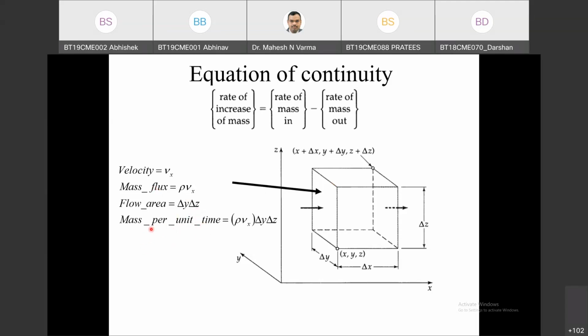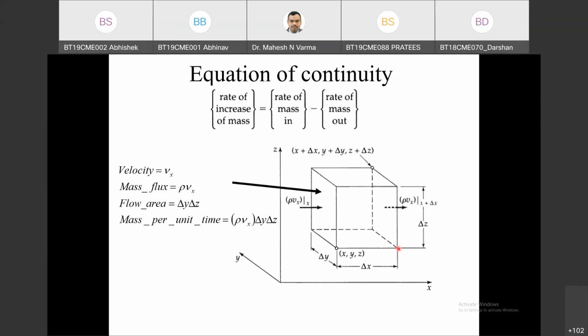It will be rho into Vx into delta Y into delta Z. This arrow indicates rate of mass coming in X direction at X, and this arrow indicates rate of mass going out from the control volume in X direction at X plus delta X.